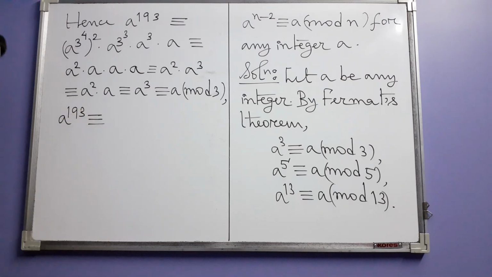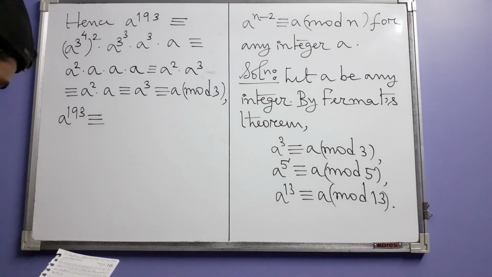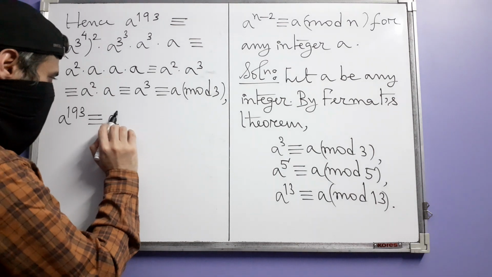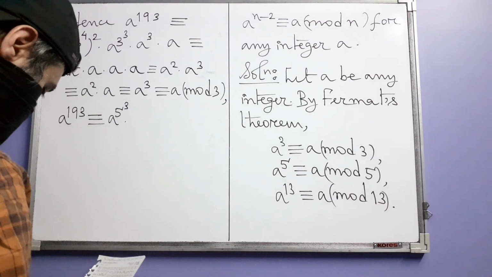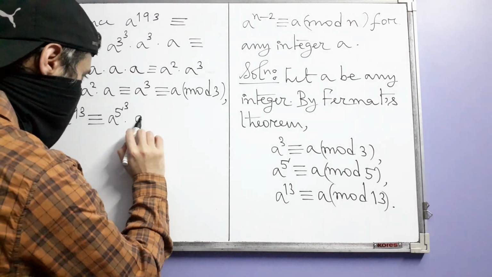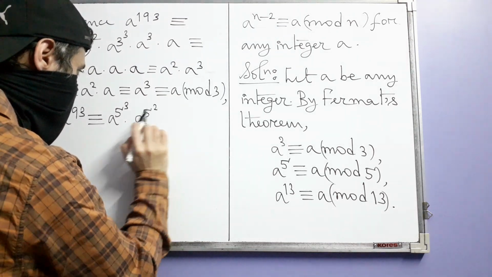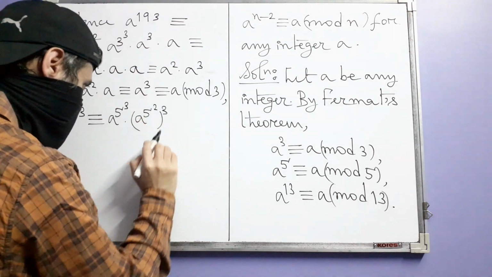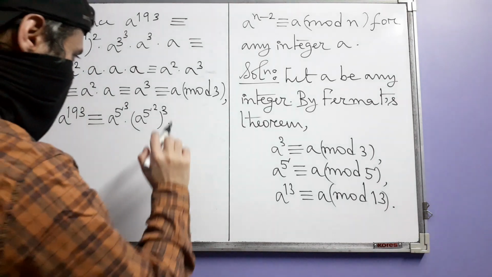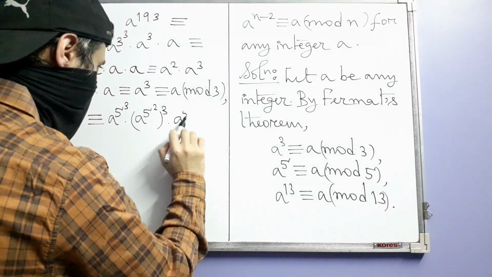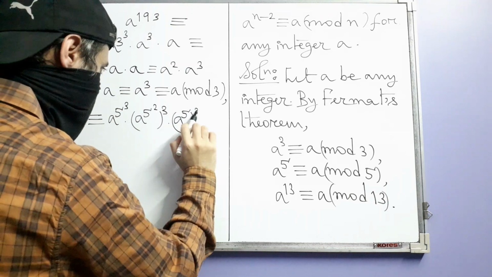For 5, it can be broken down like this: a to the power 5 cube times a to the power 5 square whole cube times a to the power 5 whole cube.